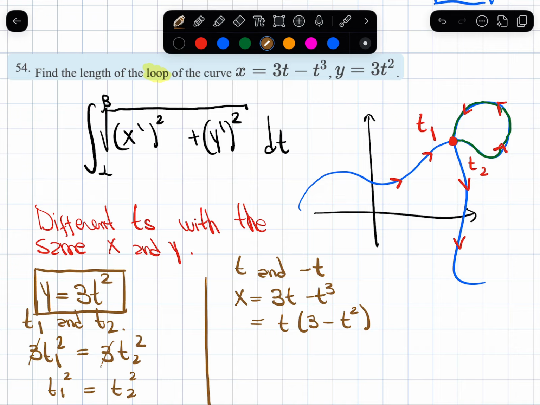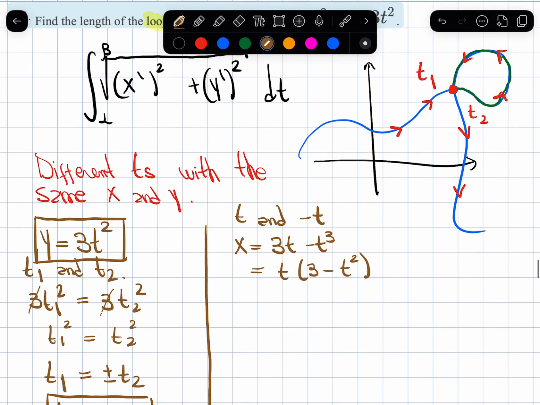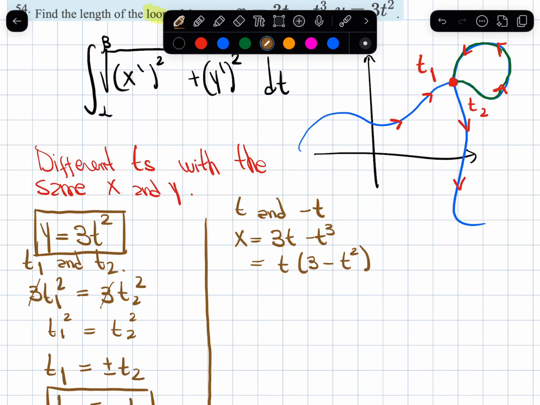And again, you can see that you need to have the same t's. And then since 3 minus t squared is a factor that shows up here, what are two values that you know that have the same result once you plug in for t in 3 minus t squared?